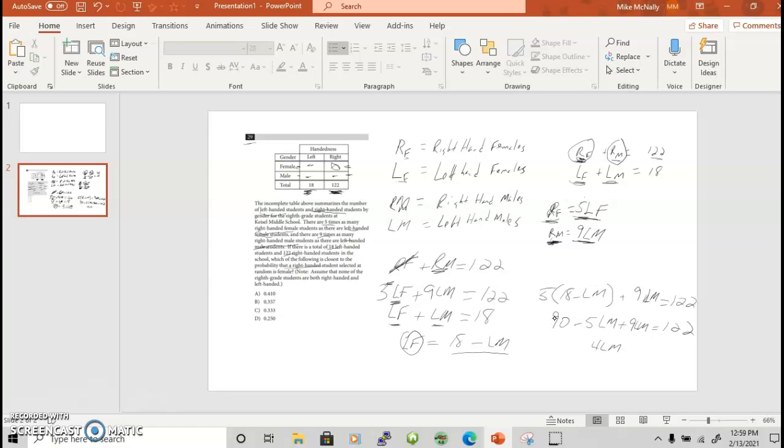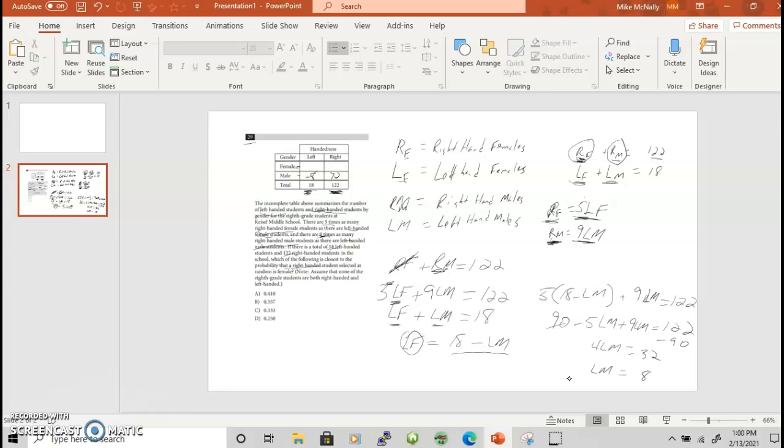We're going to subtract 90 from both sides and get 32. So now we have the left-handed males are 8. Now we've got the left-handed males, that was 8. And we knew that the right-handed males are 9 times bigger, so 9 times 8 gives us 72.